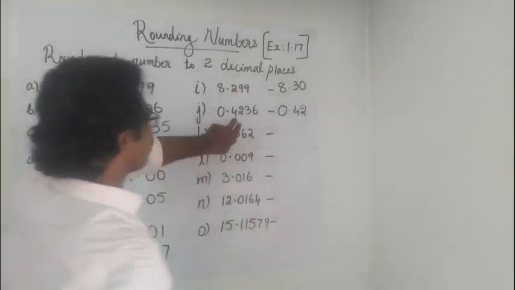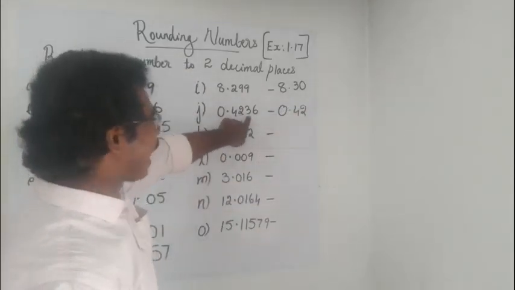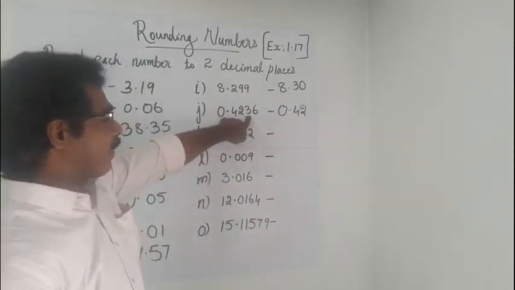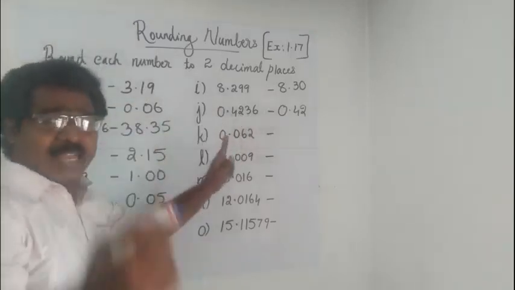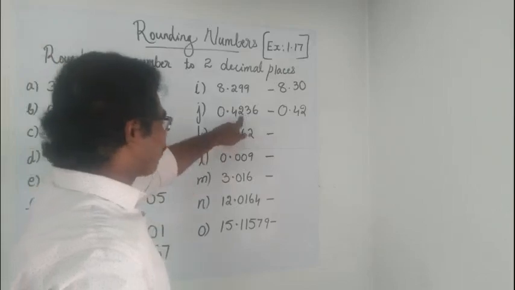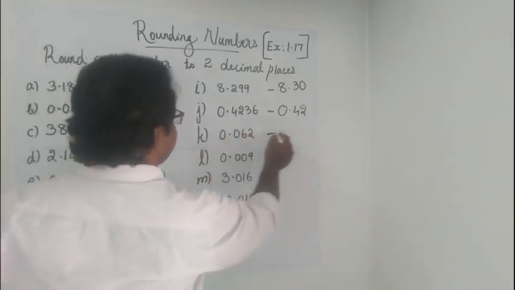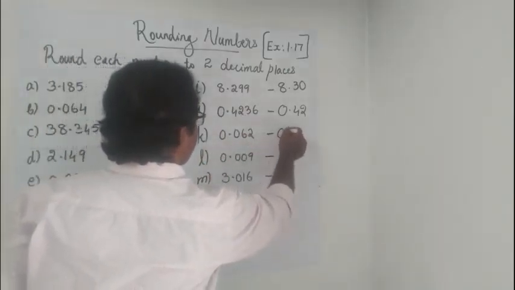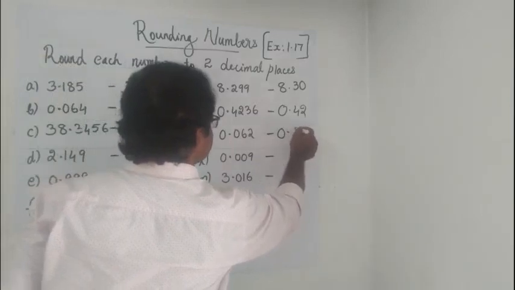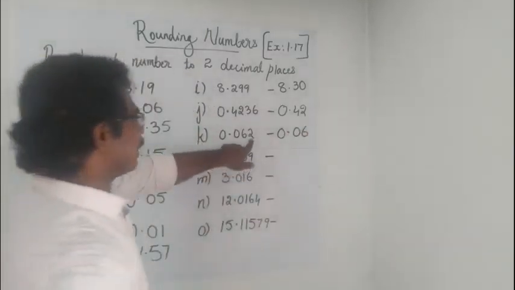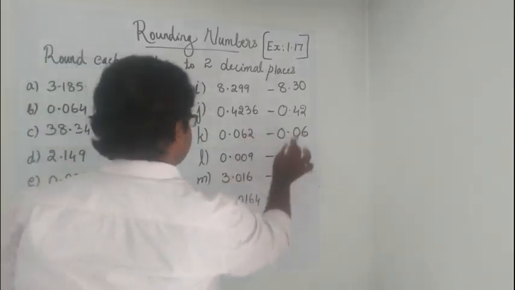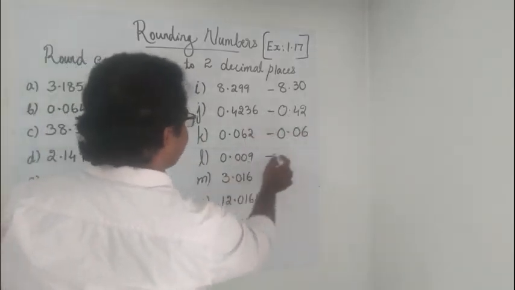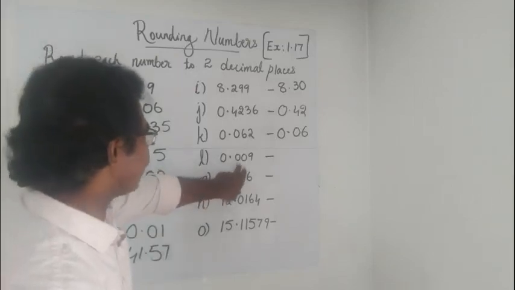Next, 0.42. Why? Because we focus on the 2 digits, and after the 2 the digit 3 is less than 5, isn't it? So we do not add to this number. If 5 or greater than 5 comes, we add to this number. Okay. Then here, 0.06. Here it is 2, less than 5, so we do not add; simply write it like this. Okay. Then here we focus on the 2 digits.